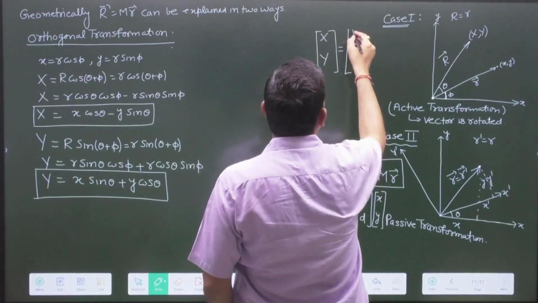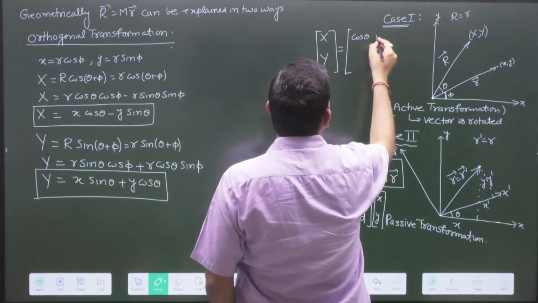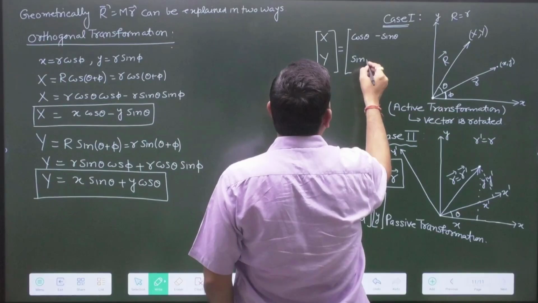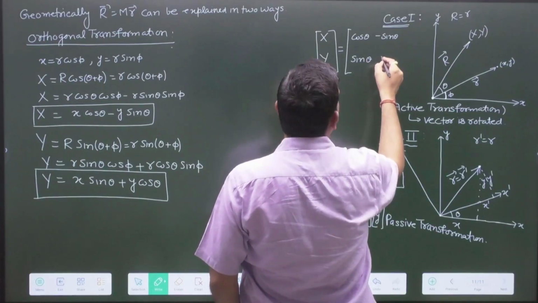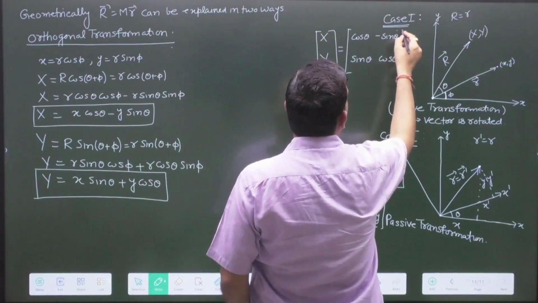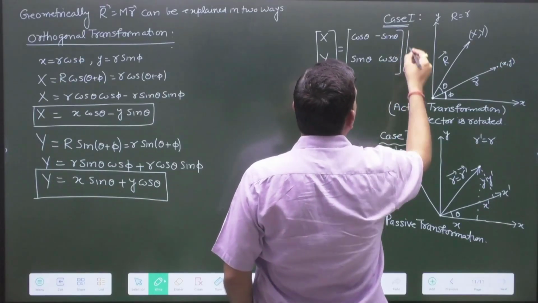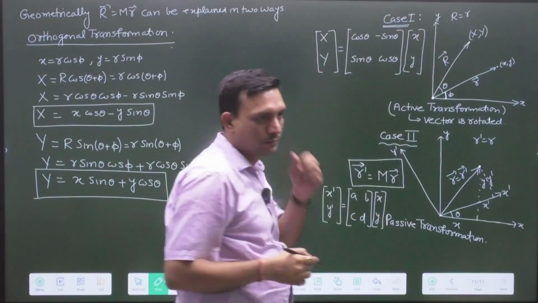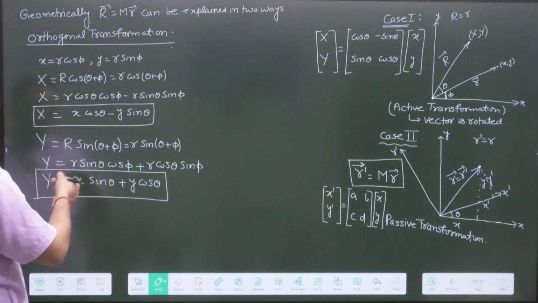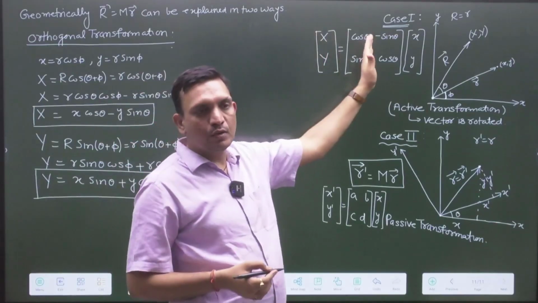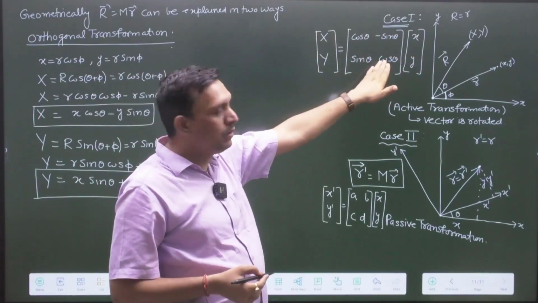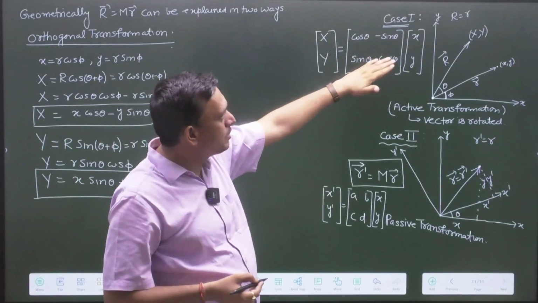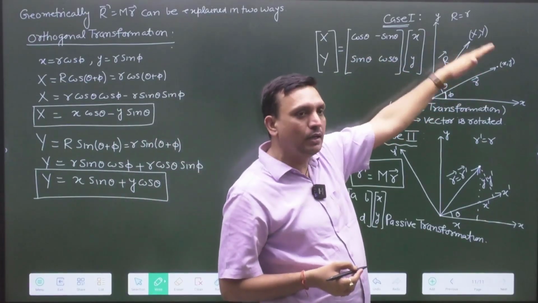This will be given by the matrix cos theta, minus sin theta, sin theta, cos theta, multiplying x, y. From this you can write this equation: r dash is equal to M r, where M is an orthogonal matrix, and this particular matrix is rotating the vector in the anti-clockwise direction.